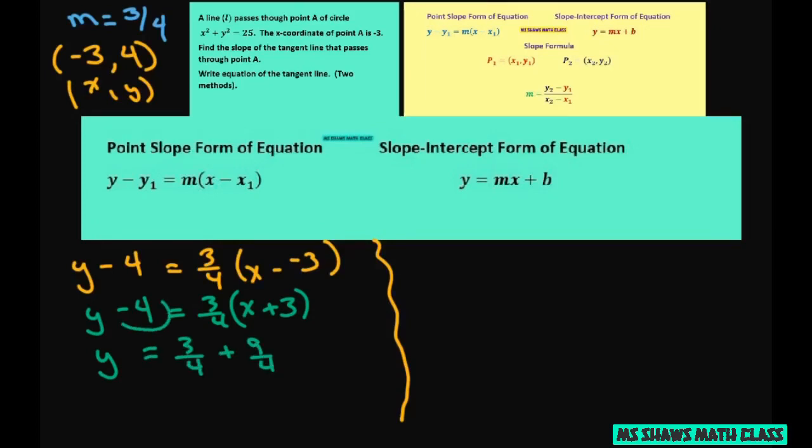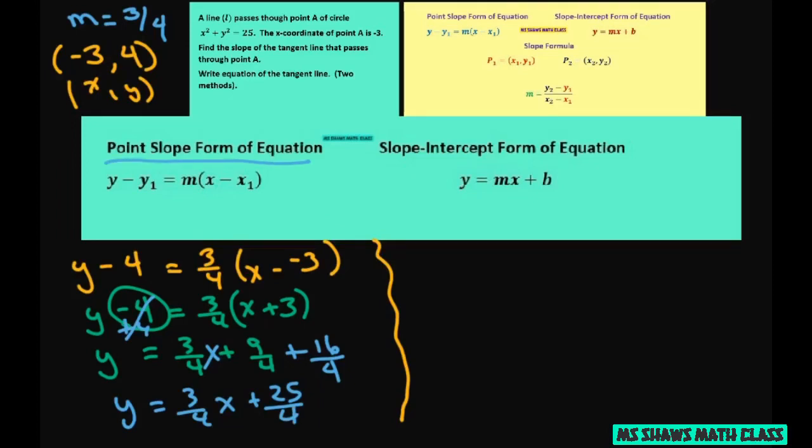Now I'm going to add 4 to both sides. So when you add 4 to both sides, this will get rid of that. But I'm going to go ahead and make this 16/4, so I have the same common denominator. So this gives you y equals 3/4 x plus 25/4. So that's your point slope form way of doing it.